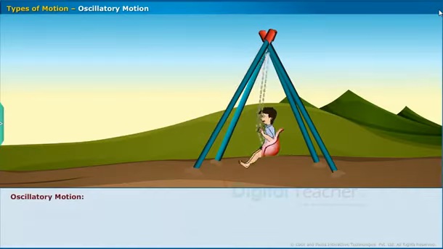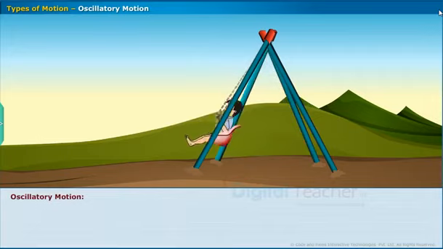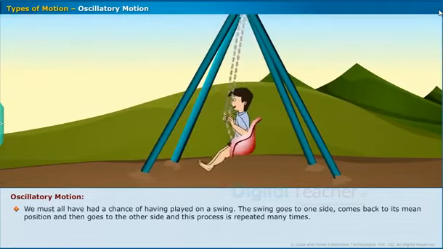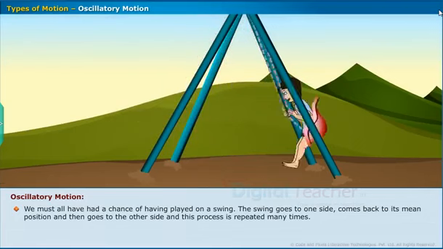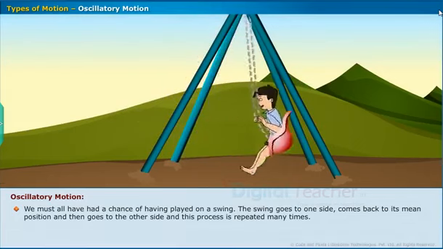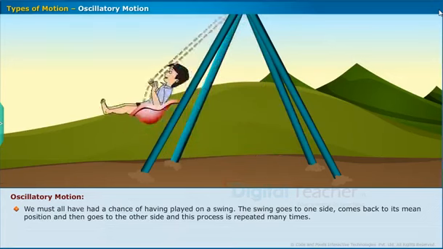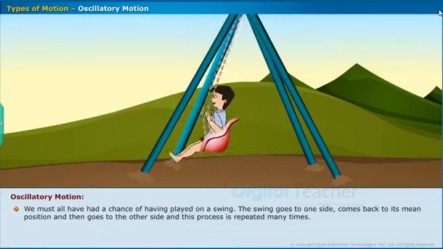Let us study about the oscillatory motion. We must all have had a chance of having played on a swing. The swing goes to one side, comes back to its mean position, and then goes to the other side, and this process is repeated many times.